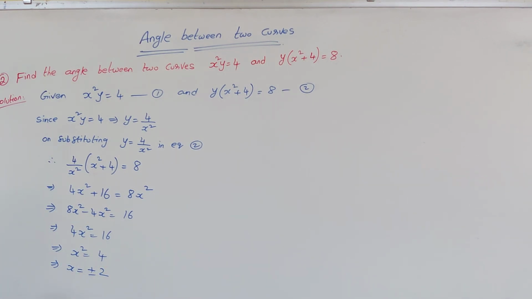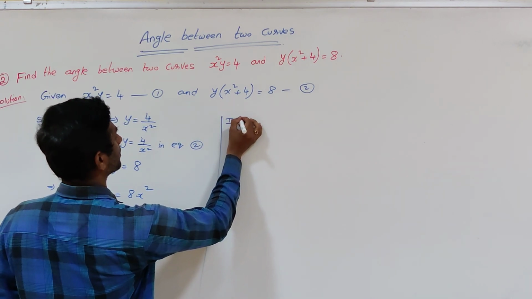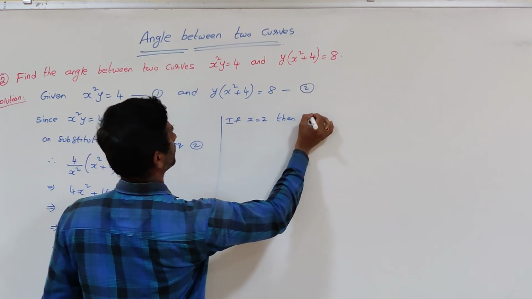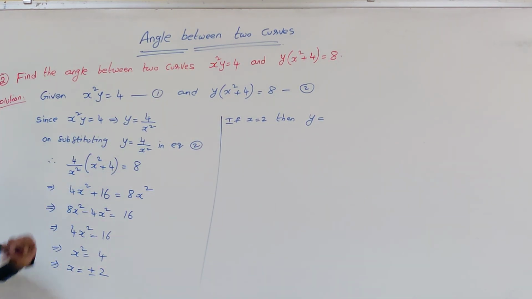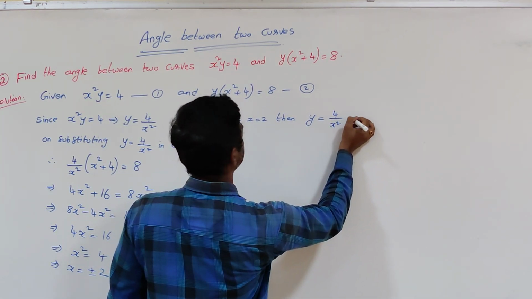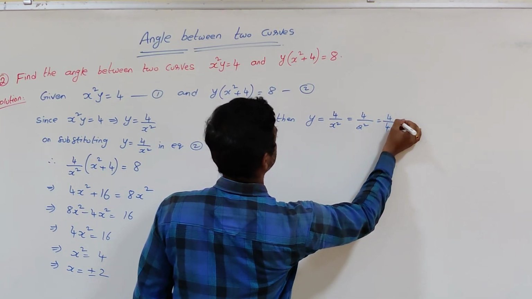So if x is equal to 2, then y will be what? y will be 4 by x square, so 4 by 2 square, which is 4 by 4, which is 1.